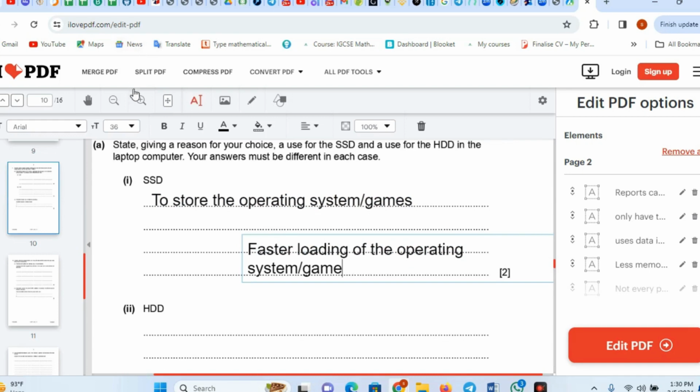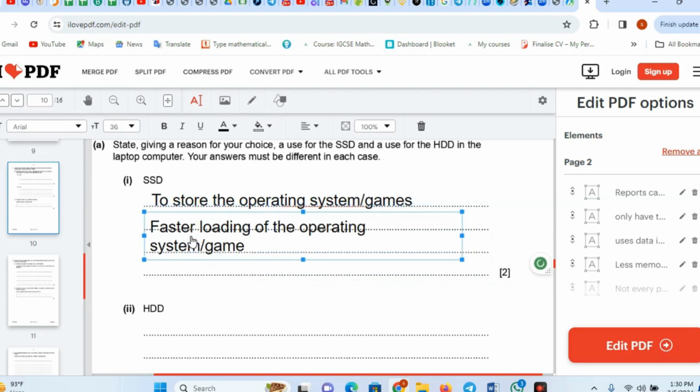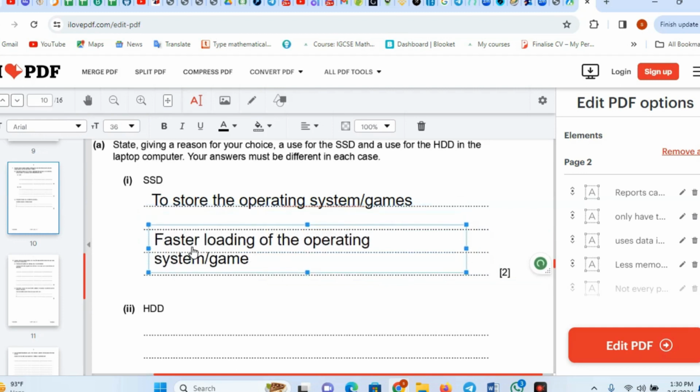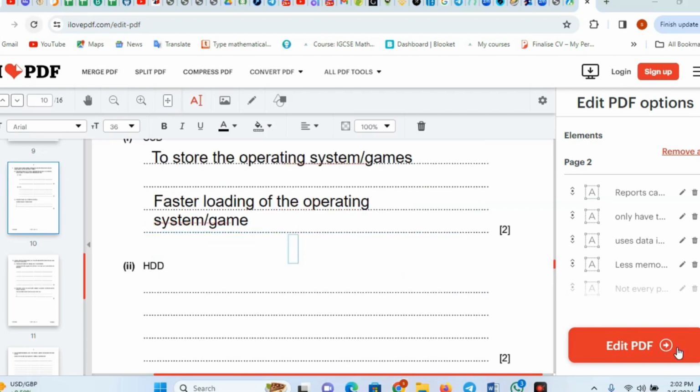That's the reason we give for our answer. When we store on an SSD, it loads faster compared to an HDD. So the next time you want to enjoy your gaming, instead of storing on an HDD, you should store your files on an SSD. Do you understand?